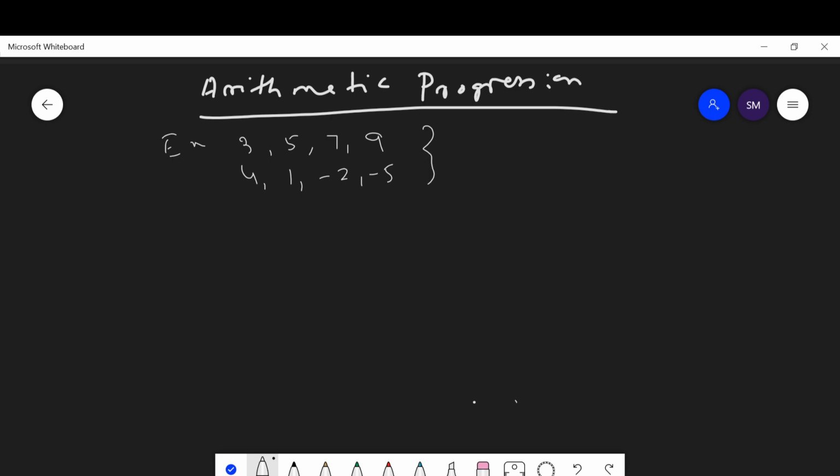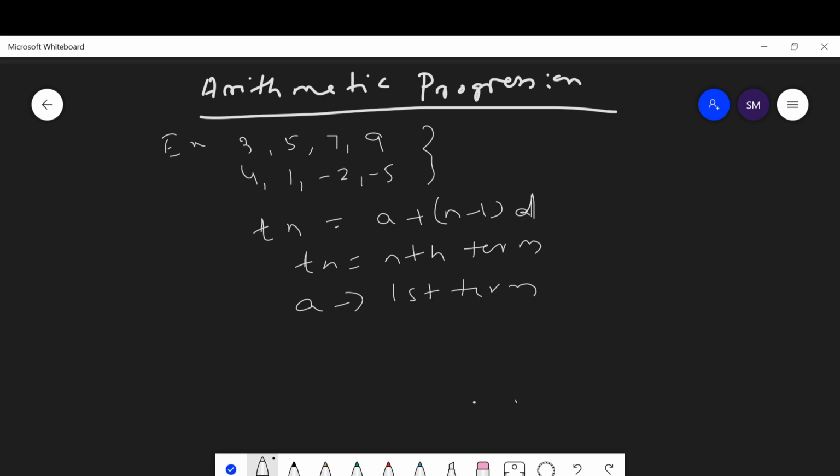This means a sequence represented by a fixed rule. In the general form of an AP, Tn, the nth term, is equal to a plus n minus 1 into d, where Tn is the nth term of the AP, a is the first term of the AP, and d is the common difference.